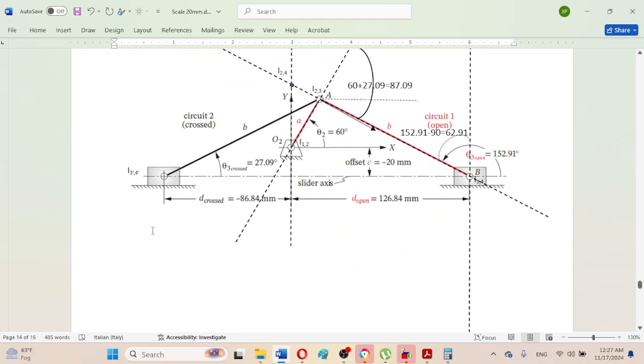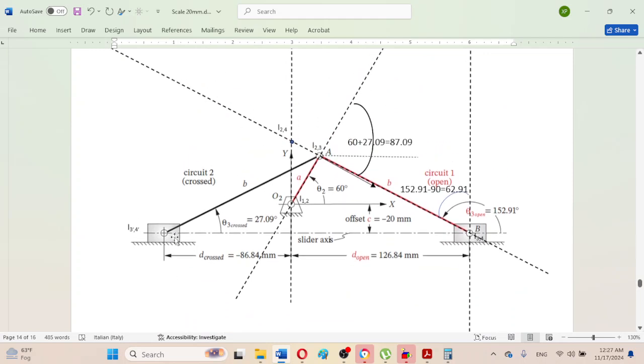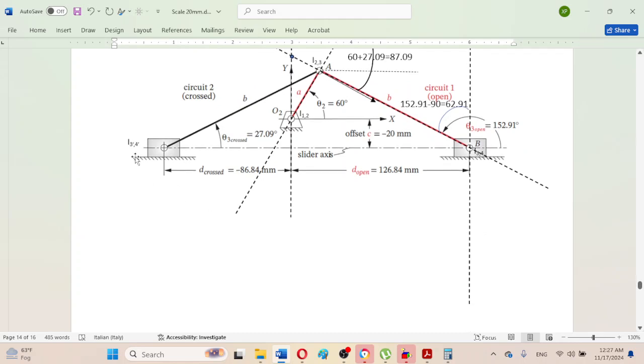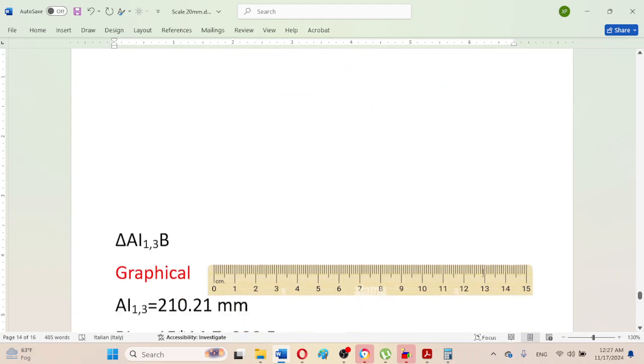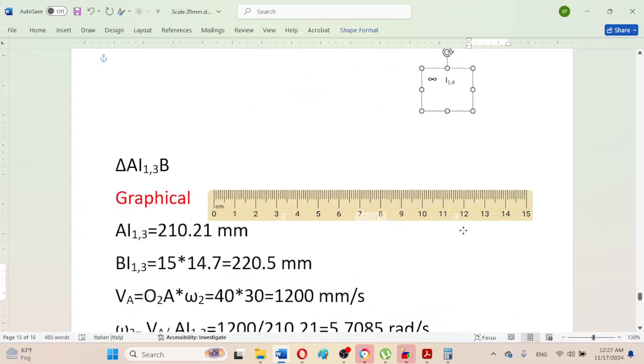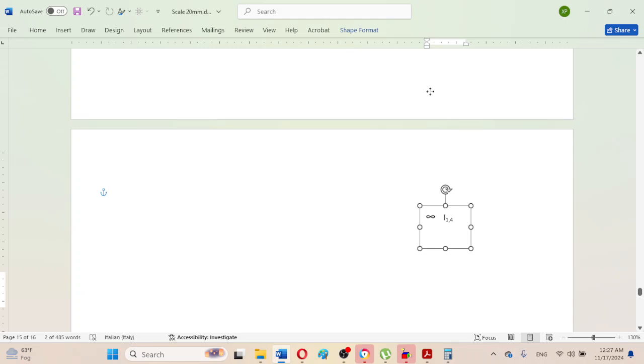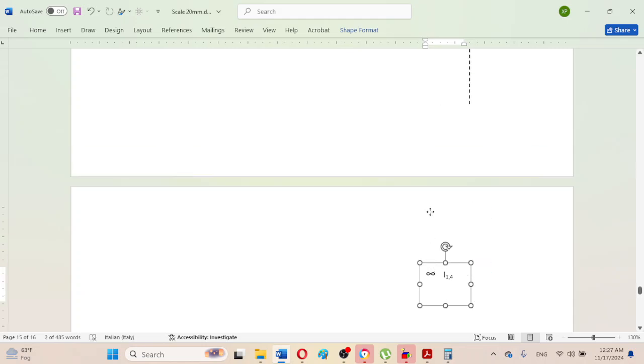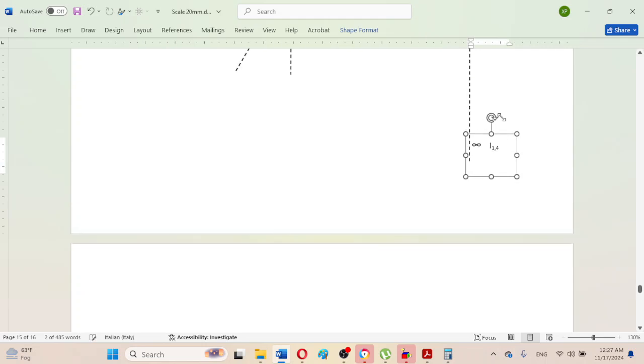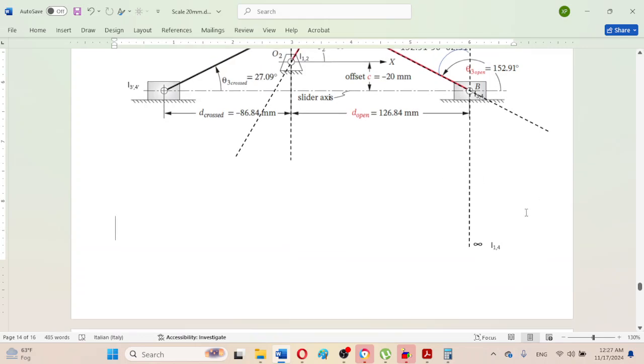Now again in a similar manner, as we can observe here, the effective slider for this circuit as well will be at infinity, of infinite length, and its grounded revolute for the rocker will be at infinity, as previously explained for this right hand circuit.